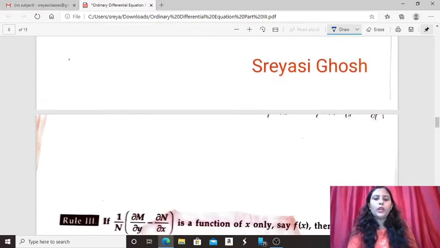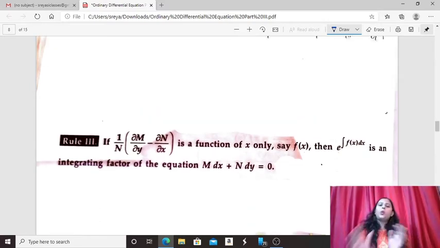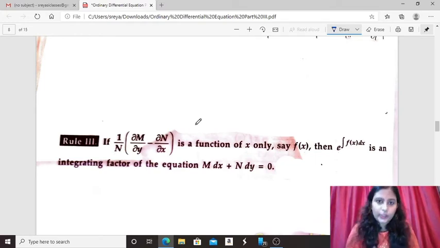Now we go on to the third rule. In fact, you will see that the third and the fourth rules are quite similar. If you understand the third rule, definitely you will be able to understand the fourth rule for sure. Check over here. First of all, the differential equation will not be an exact equation. That is the first thing. Only then do we go on to calculating an integrating factor.